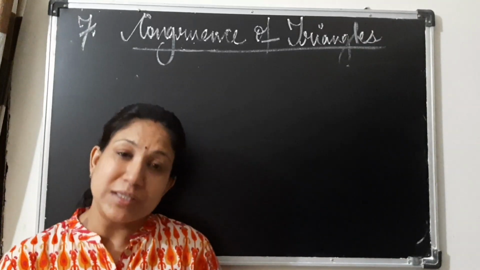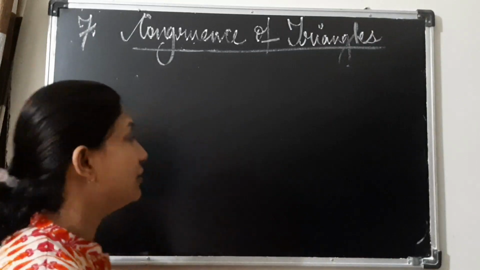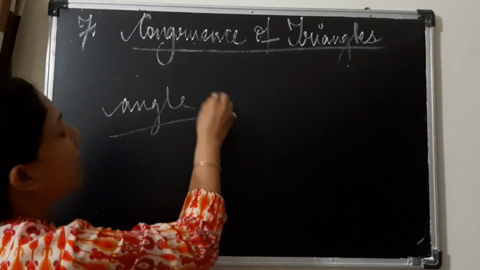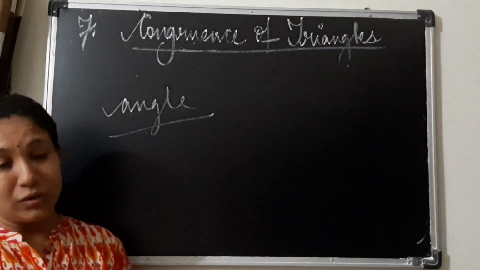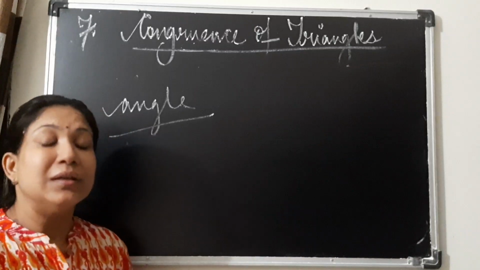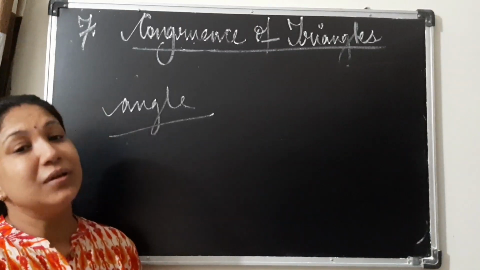So now let us discuss congruence for angles. Now if you want to check whether two given angles are congruent or not, this also can be done by the same method, that is the superposition method.